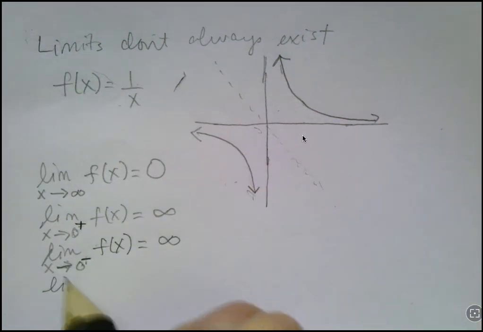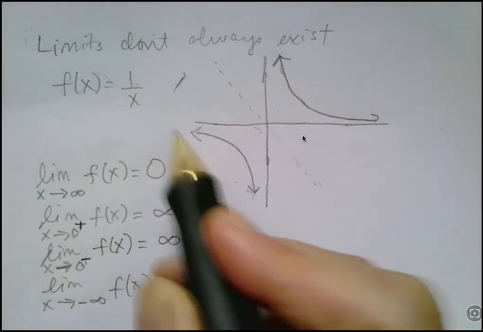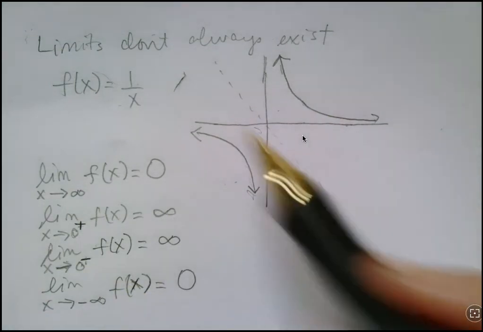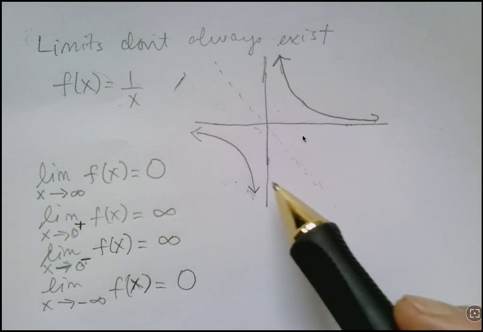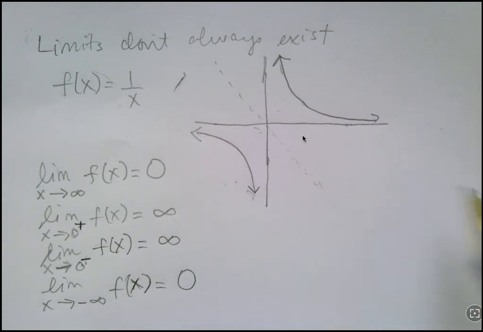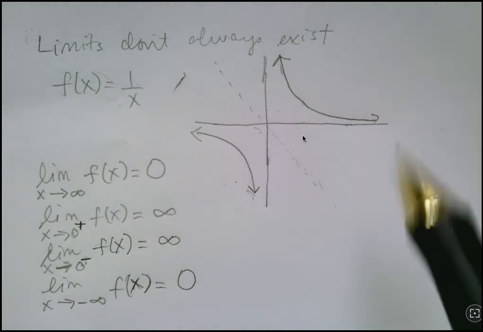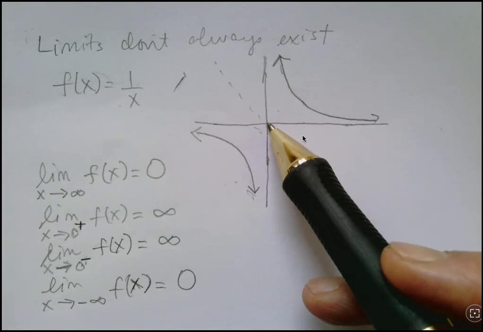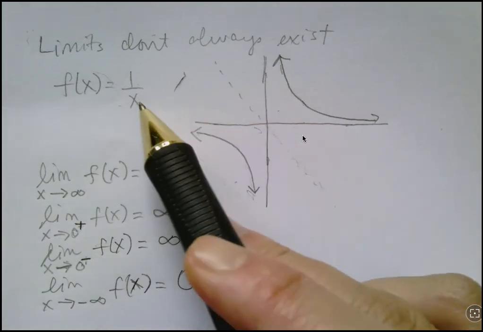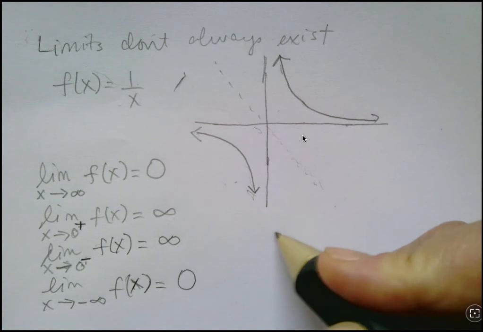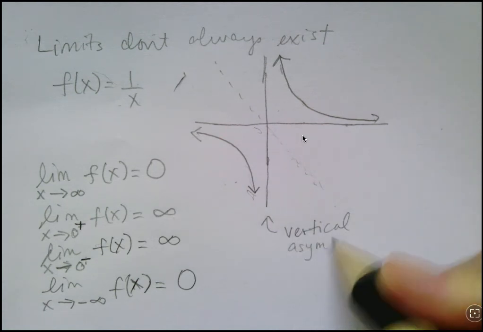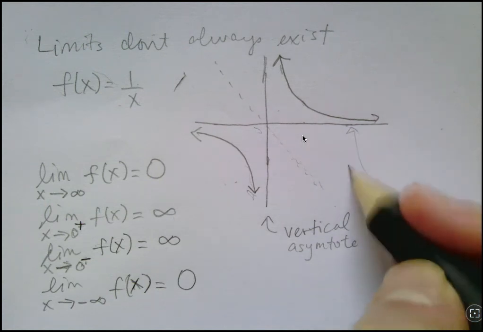And then the limit as x goes to negative infinity of f of x is also 0. So an understanding of the graph of the function really gives you a very good sense of what's happening at critical points. In this case, it is 0, since the function is undefined at that point. So this is what's called a vertical asymptote. And this is a horizontal asymptote.